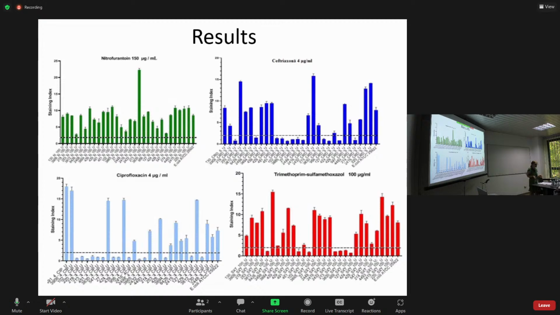Or if we are doing that for epidemiological surveillance, we can represent our results like this. And here, with this horizontal line, we have that threshold of staining index. The strains which are under the staining index are resistant to the respective antibiotics. The strains which are over the staining index are susceptible to the respective antibiotics.